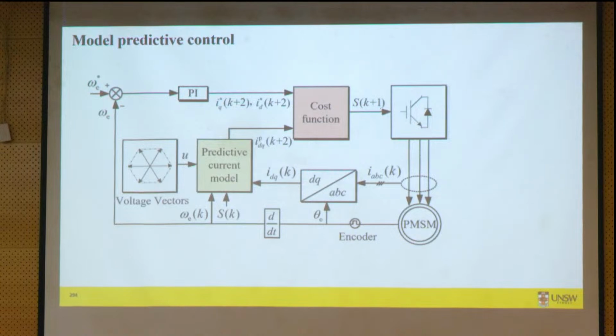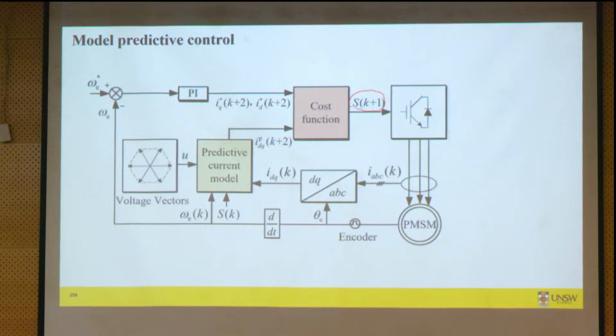So you try to find the optimum space vector that will reduce the error between my reference ID and IQ current and the predicted ID and IQ current. And to get this space vector, which switch do I need to turn on? So it is kind of like your switching function.